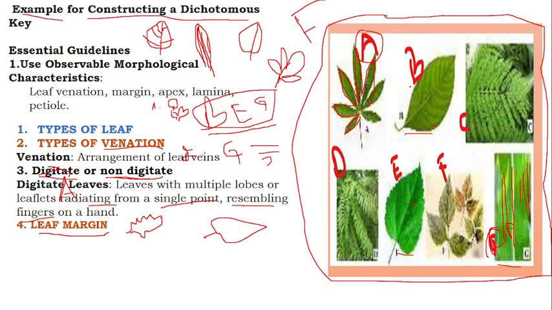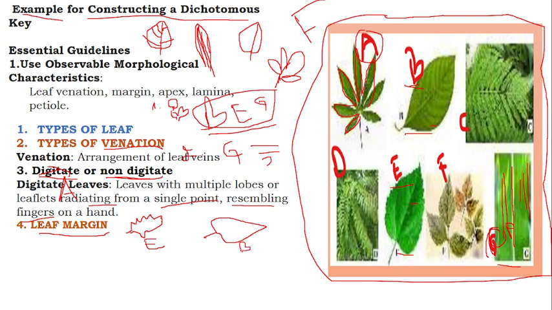When you look at the two leaves, E and B, when we say margination, which is rough, this E is identified, while this one, which is B, is smooth, and is now identified.